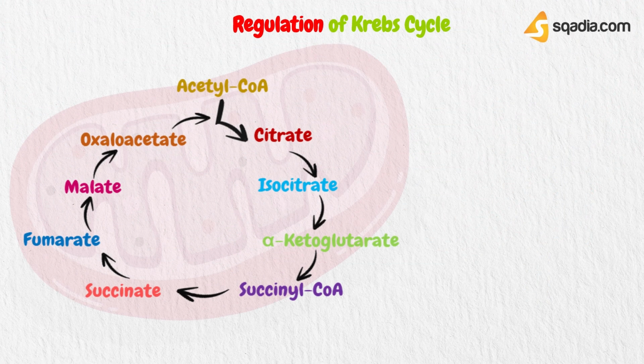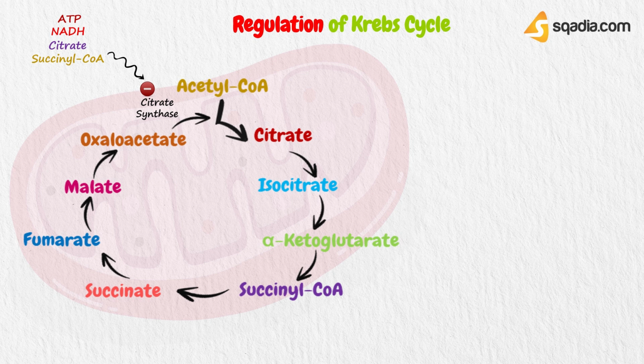In the first step, as we have discussed in the Krebs cycle, when acetyl coenzyme A combines with oxaloacetate, an enzyme called citrate synthase is used. Its inhibitors are ATP, NADH, citrate, and succinyl coenzyme A. Why is ATP an inhibitor?